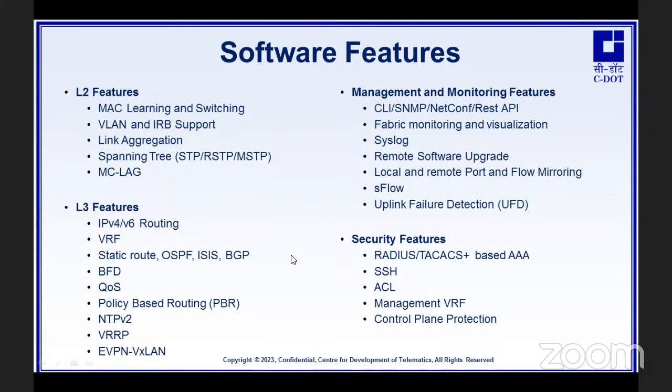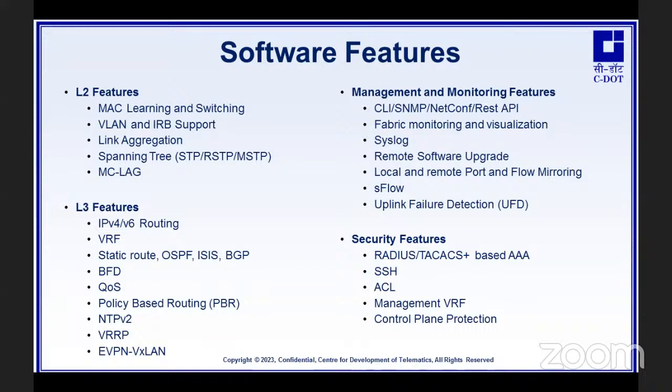Security features: we support RADIUS and TACACS. Our router can integrate with the RADIUS and TACACS server, and based on that we can have external authorization, authentication, and accounting. We have the provision of SSH and ACL, that is access control list. We can filter traffic based on parameters like source IP, destination IP, source MAC, DMAC, and TCP/UDP ports.